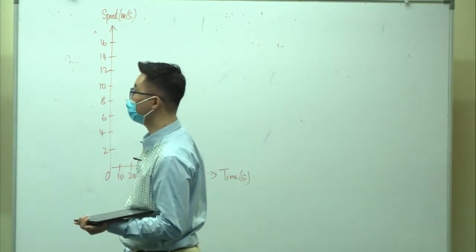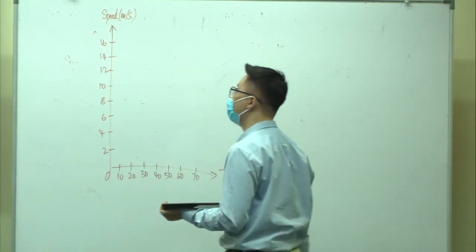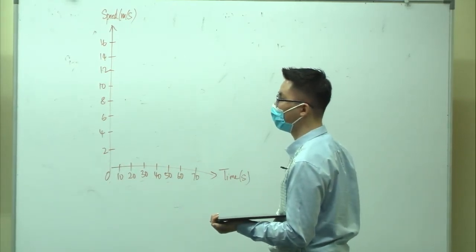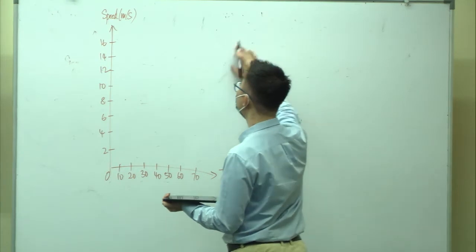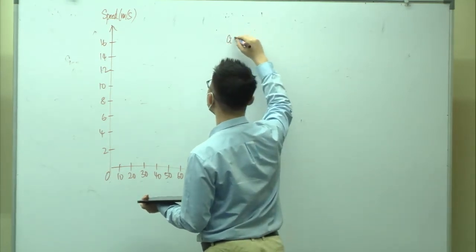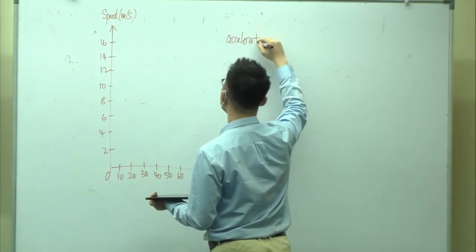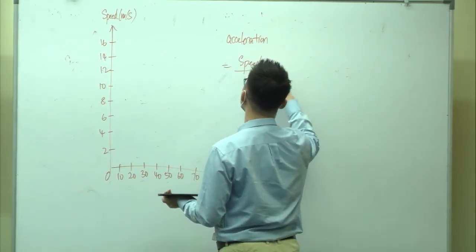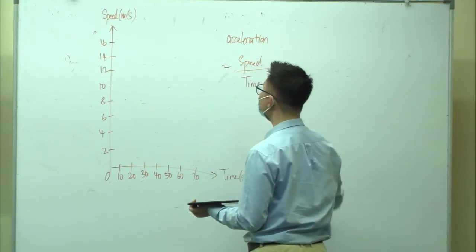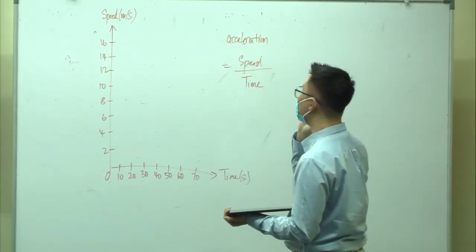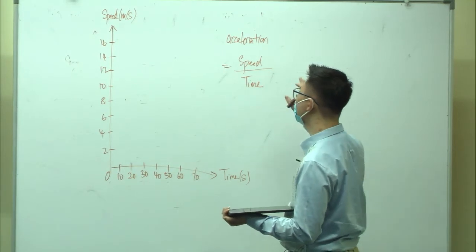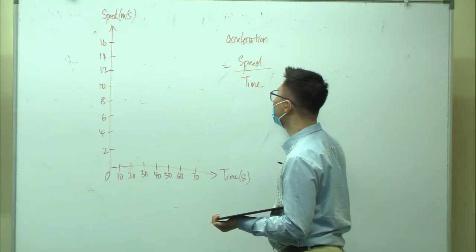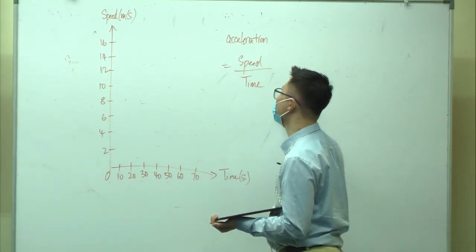So it tells you that, okay, constant rate of 0.4 for 30 seconds. So how do you draw the straight line? Okay, first of all, you need to know that acceleration is the speed over the time. So if you draw this graph, the gradient of the straight line will be the acceleration.